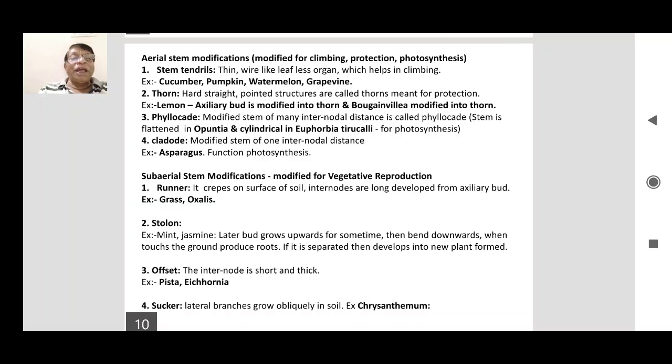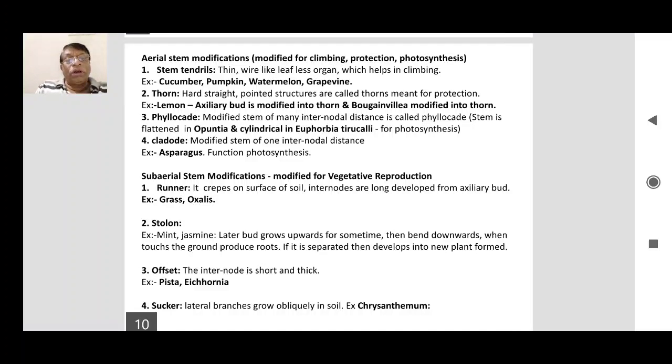Which helps in climbing or gives support to the weak-stemmed plants. Support. Example for stem tendrils: cucumber, pumpkin, watermelon, grapevine. In cucumber, the axillary bud is modified into tendrils. Okay.